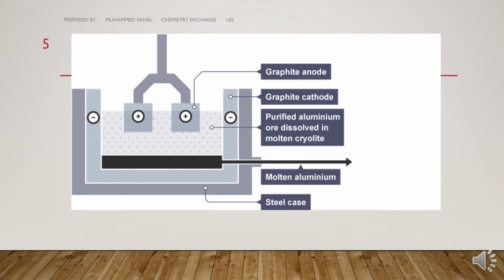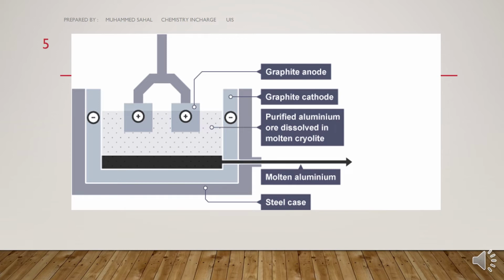Purified aluminum ore dissolved in molten cryolite is used as the electrolyte. An external circuit connects the electricity. In this Hall-Héroult cell, we use graphite electrodes. The cathode is the graphite lining of the steel vessel containing the cell. The anode is graphite. The aluminum oxide is an ionic compound.